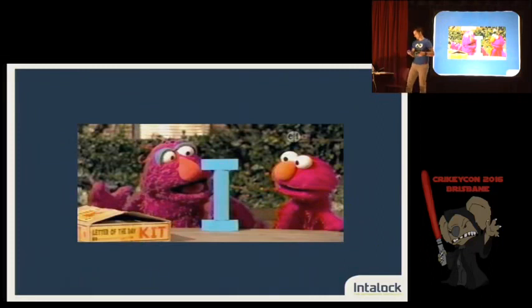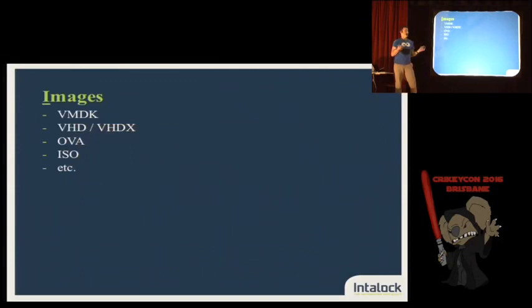All right, images. So things like VMDKs, VHDs, ISOs. Bob SuperAdmin might have his own custom ISO where he loads it remotely into a server and it does stuff for him using some kind of autorun. I've done this in the past where I was able to mount a VHD that was on a backup directory, and it was an image of a domain controller.